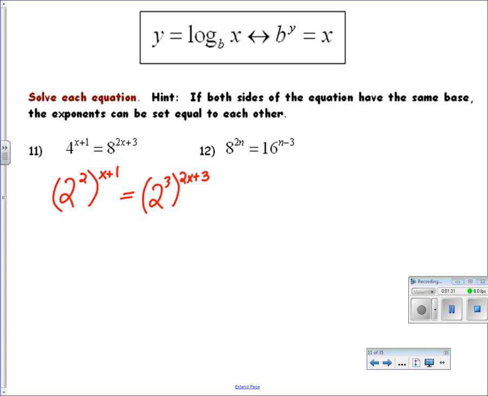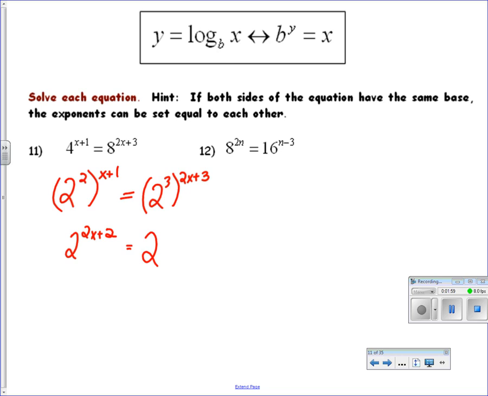Now, the rule is, if they have the same base, then the exponents will have to be equal. Now, if you remember from polynomials, if there's parentheses, what do I do with my exponent? We multiply. So this is really 2 to the 2x plus 2, because I'm doing 2 times x, 2 times 1, got 2x plus 2, equals.